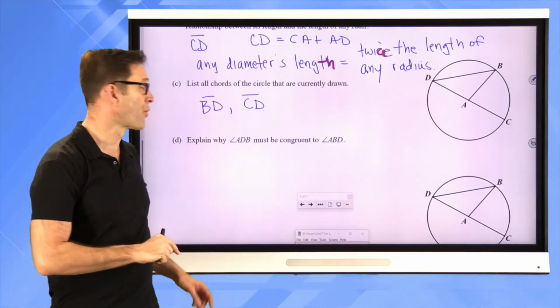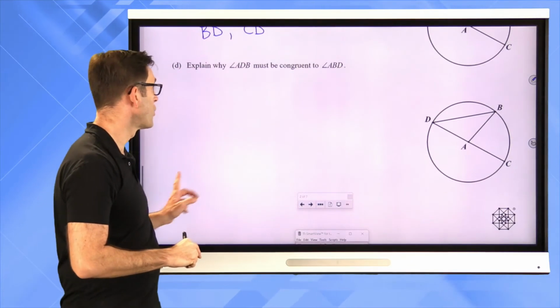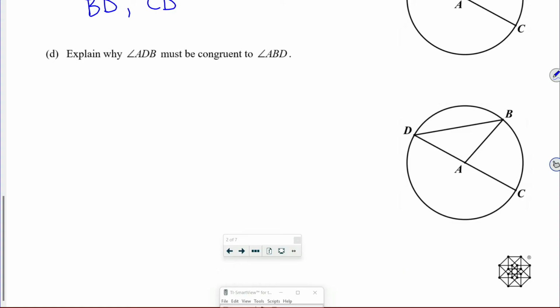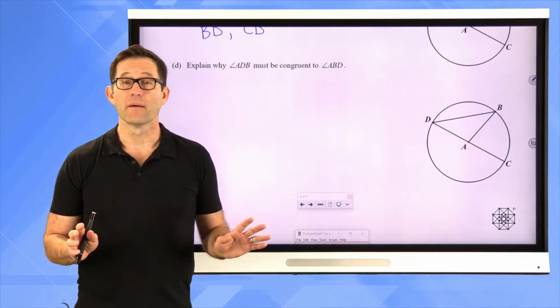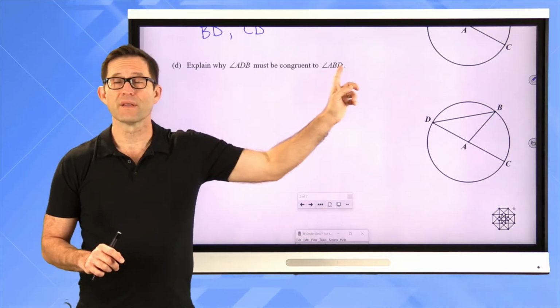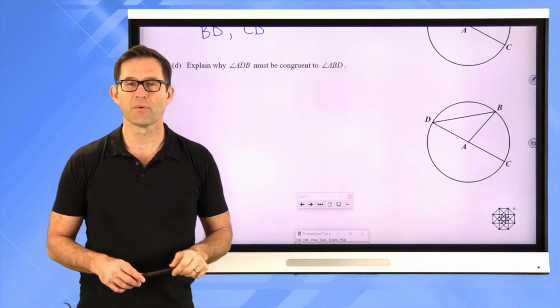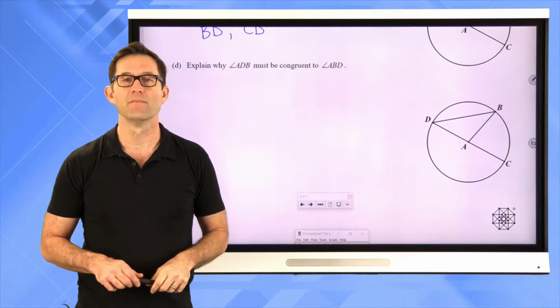All right, final problem in exercise number 1, letter D. Explain why angle ADB must be congruent to angle ABD. All right, I'd like you to take a moment, locate these two angles on the diagram, and see if you can explain to me why those two angles must be congruent.